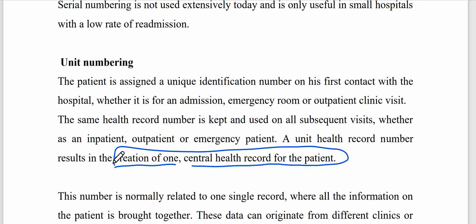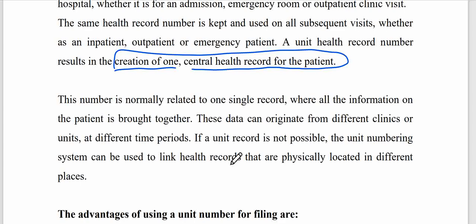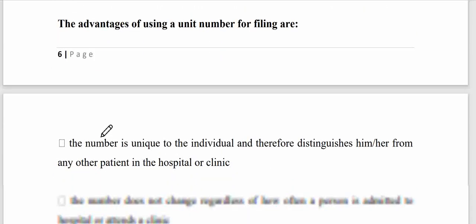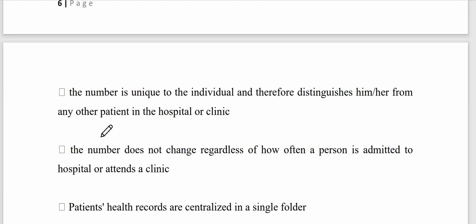So you cannot be using that system and then have health records being kept in different places. Okay, you may need a central health record for all the patients. Let's look at the advantages. In this case, the number is unique, definitely.